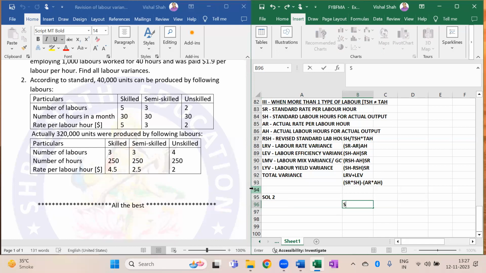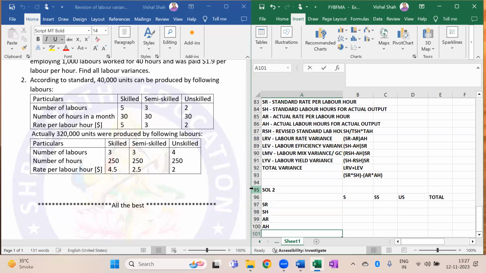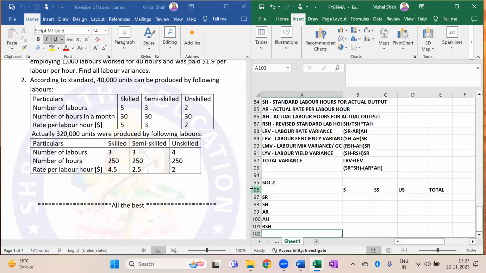We need skilled, semi-skilled, unskilled, and total. You require exactly the same SR, SH, AR, AH, and RSH will be there because there is more than one type.